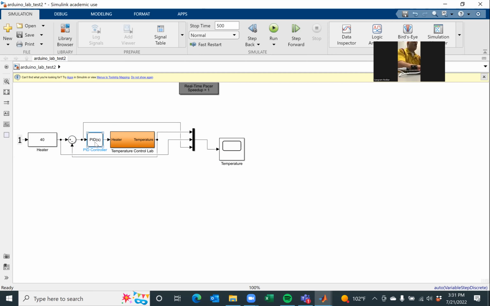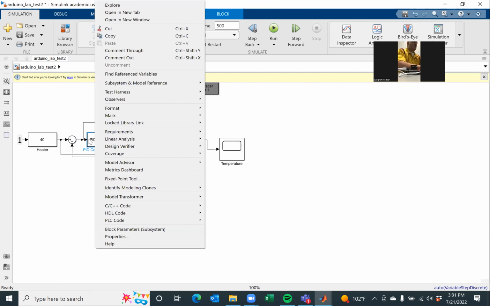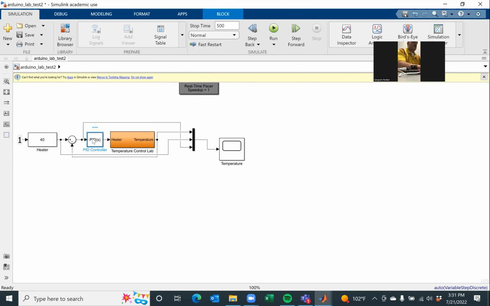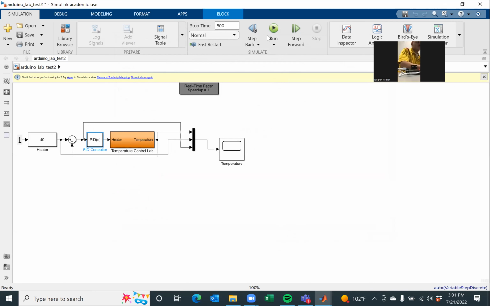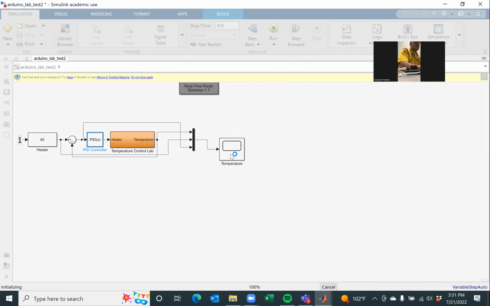And if you double click on this PID block, there you can change the gains. So you can say the proportional gain I'm going to set to be 10. I'm going to set the integral gain maybe to 1. And I would set the derivative gain to be 0. I will say okay. And then I will say run and see if it works better.